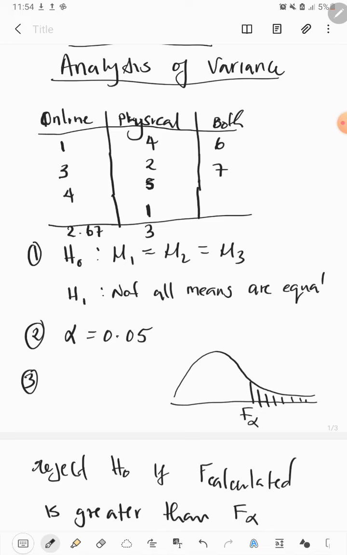Then we have 6 plus 7 divided by 2, which is 6.5. Then we need to find the grand mean: 2.67 plus 3 plus 6.5 divided by 3, which is 4.05. So x bar bar is equal to 4.057.